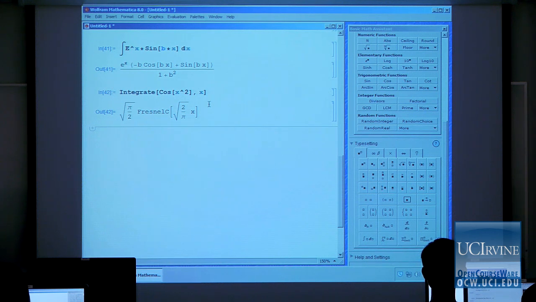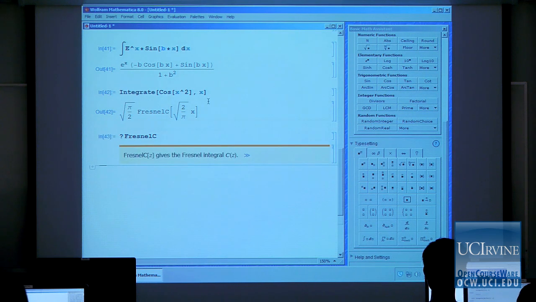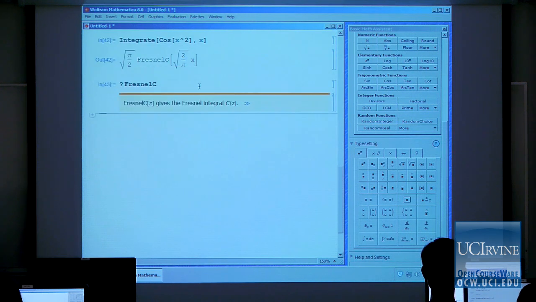Well, we can find out by saying question mark FresnelC. Enter. And we get the very informative answer: FresnelC gives the Fresnel integral C of z. All right, well, we can get more information.